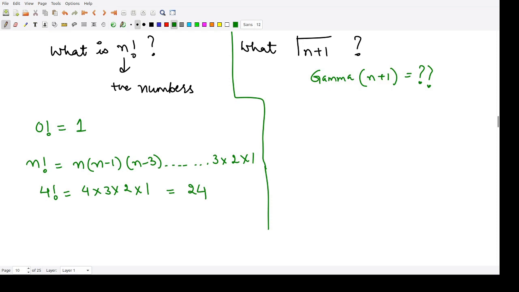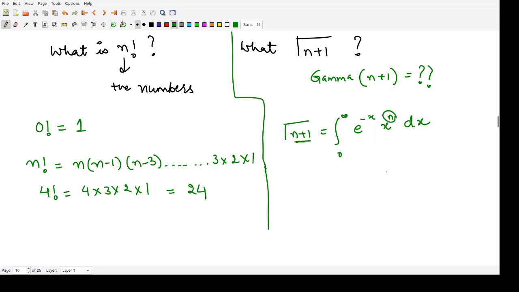Gamma is a special kind of integral transform. It is defined like this: gamma of n plus 1 is nothing but the integration from 0 to infinity of e to the power minus x, x raised to power n dx. So this n is representing the power of x here.